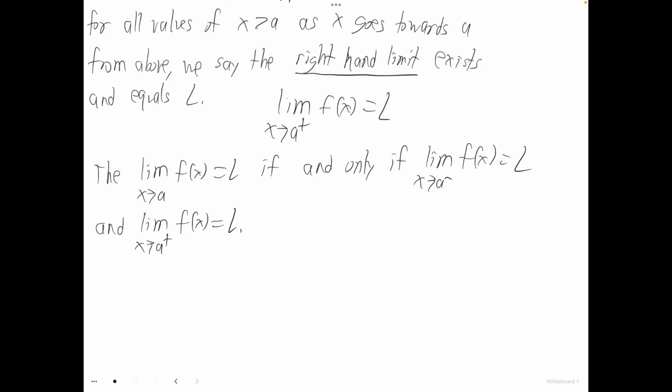And so this is primarily where functions fail to have a limit at a point, because the left-hand limit and right-hand limit do not agree. Now there are other ways that we're going to talk about of why a limit might fail to exist. This is one of the more common ones to see.